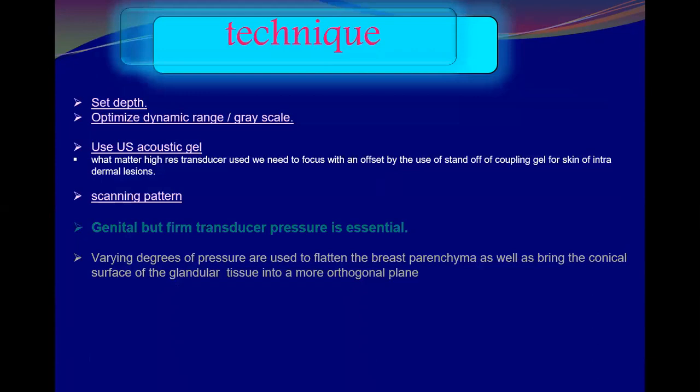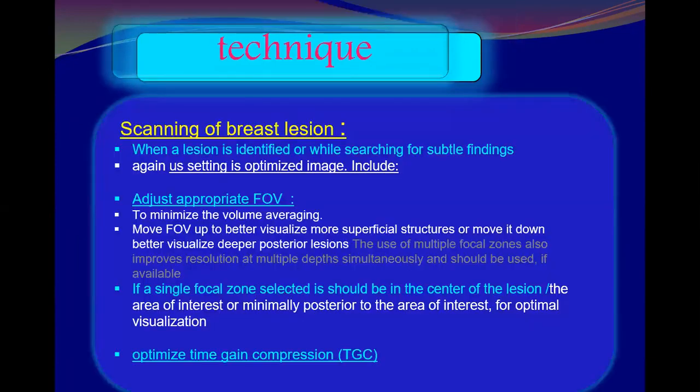This is general. When we identify lesions, then we need again to readjust the ultrasound system. We have to adjust the appropriate field of view for the lesion. From the beginning, we adjust the ultrasound machine and the field of view to have a look throughout the breast.